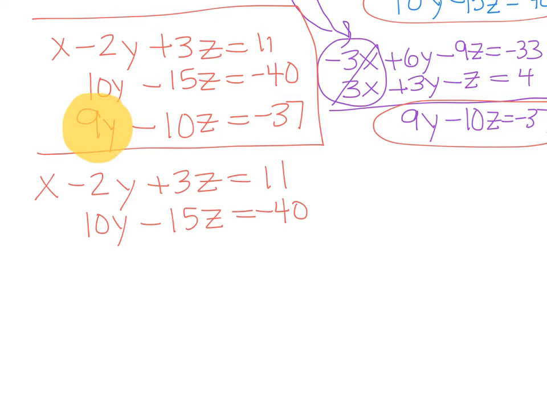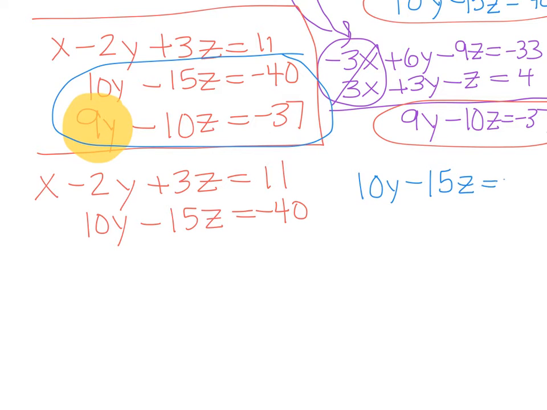So to do that, I'm going to go back over, and I'm going to deal with the two equations that involve y's and z's. So I have that 10y minus 15z equals negative 40, and 9y minus 10z equals negative 37.